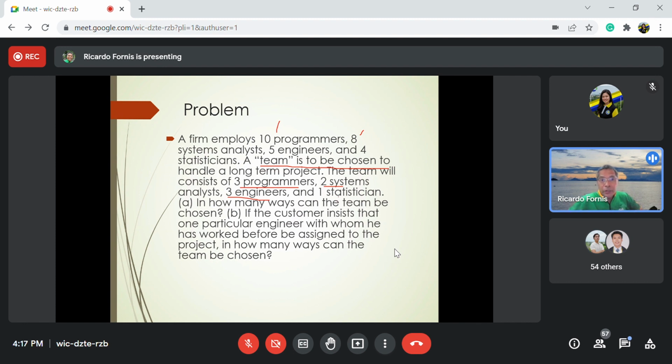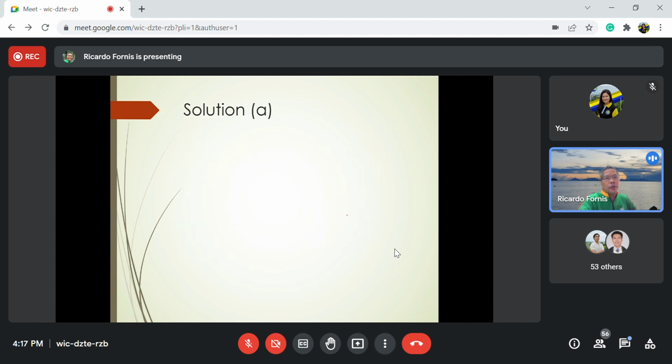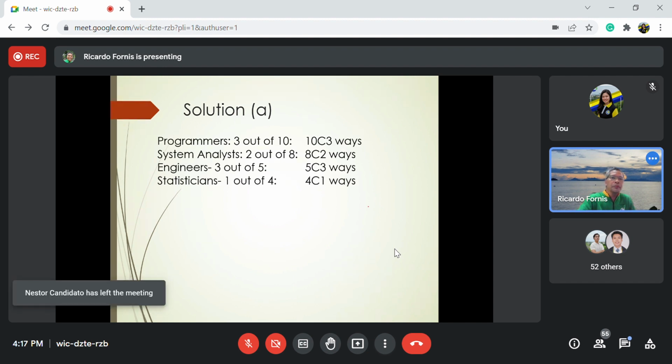Okay, so we will choose programmers, systems analysts, engineers, and statisticians. Since we are interested in answering how many possibilities a team can be formed, this is the solution.